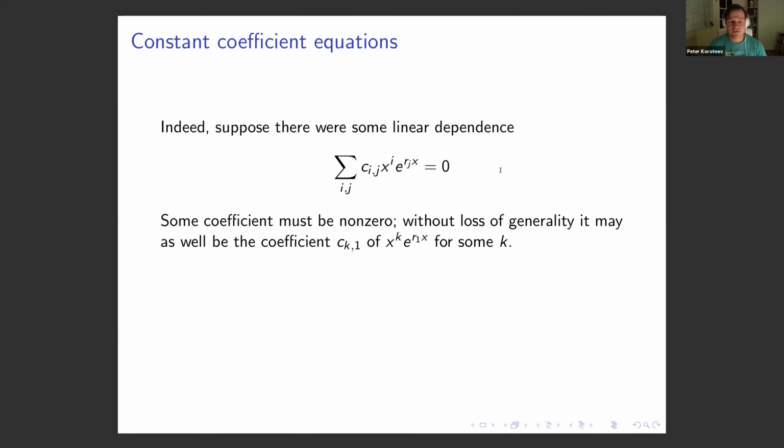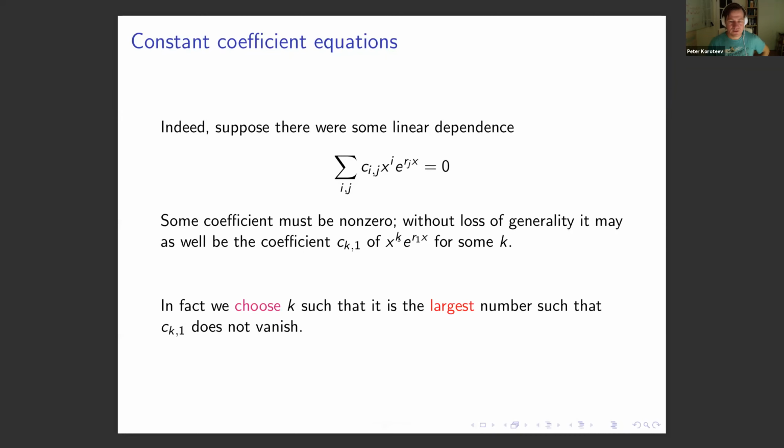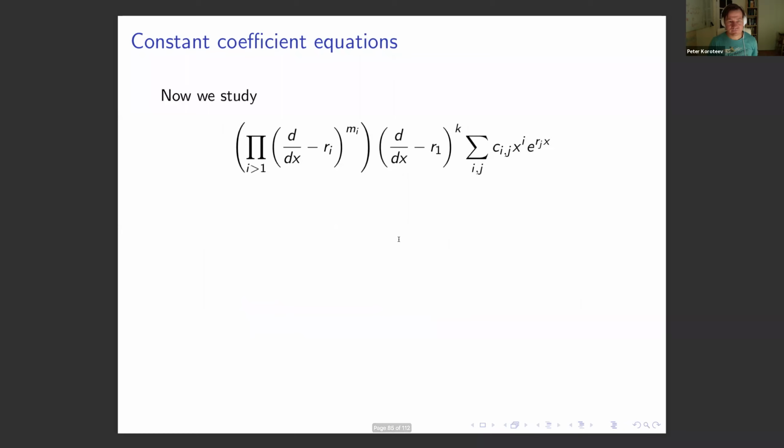Without loss of generality, let's assume that c_k1, in front of x to the k e to the r1x, is not equal to 0 for some k. We can choose k such that it's the largest number for which c_k1 does not vanish.